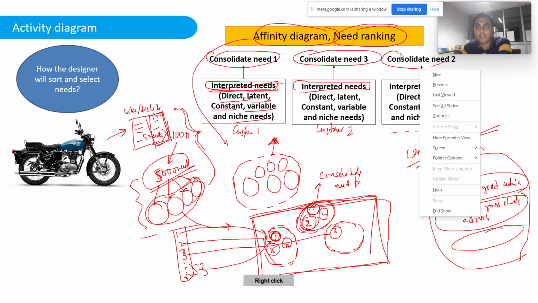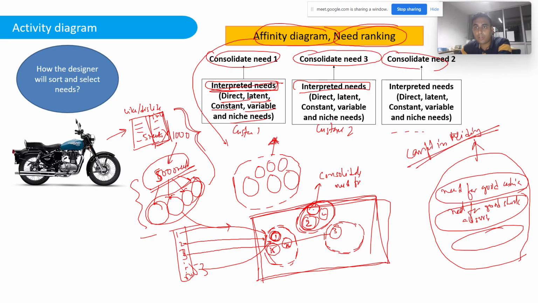Later you come up with a list of consolidated needs. Now these are CN, consolidated needs, and again you try to rank those. So you say this is priority 2, this is priority 1, this is priority 3, this is 5.